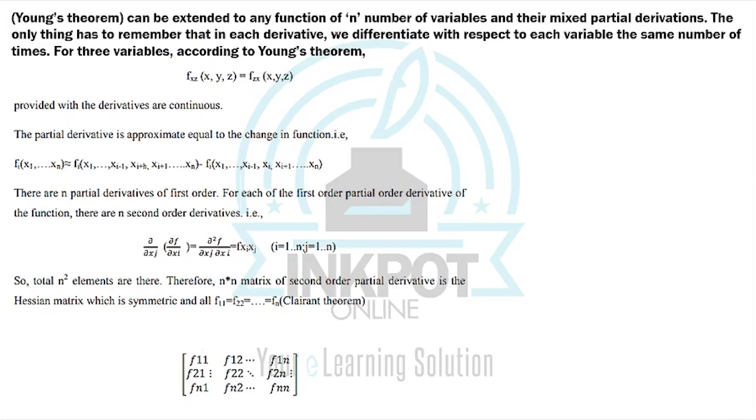Now Young's theorem can be extended to any function of n number of variables and their mixed partial derivatives. The only thing to remember is that in each derivative we differentiate with respect to each variable the same number of times. So for 3 variables you will have F11, F12, and so on up until F1n, F21, F22, and so on up till F2n, and so forth.